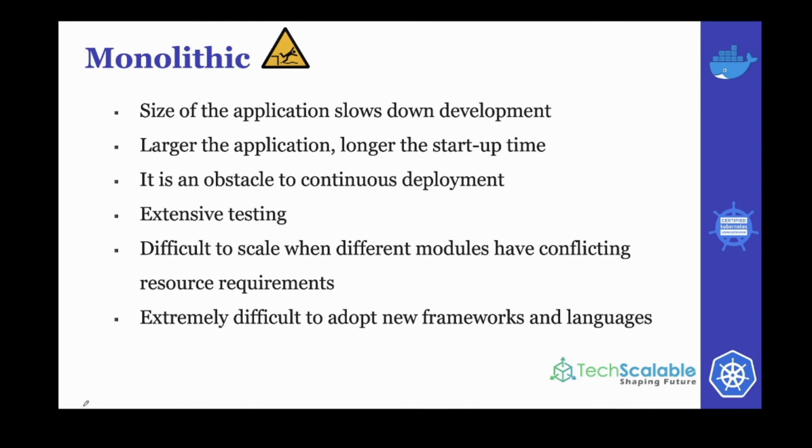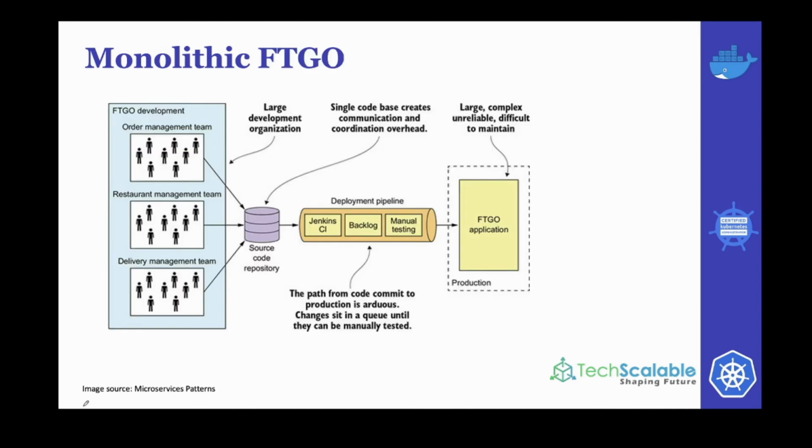So if we look at the monolithic application's CI/CD pipeline, even though there are individual teams sitting and building up these logics, they are all pouring their code into the same single repository. You can think of this as our Git repo.